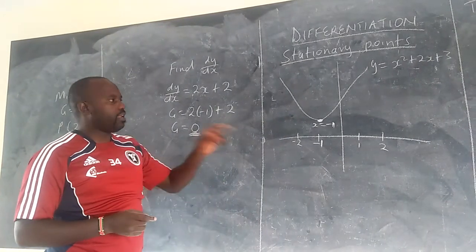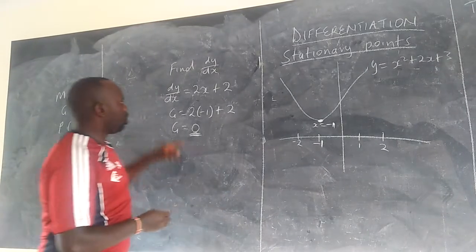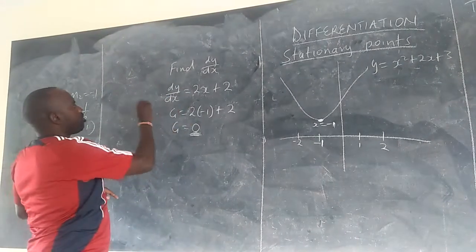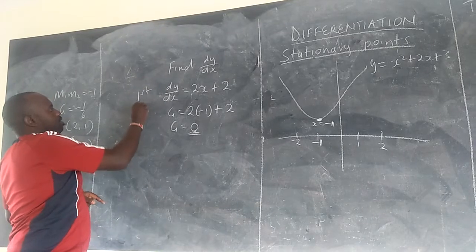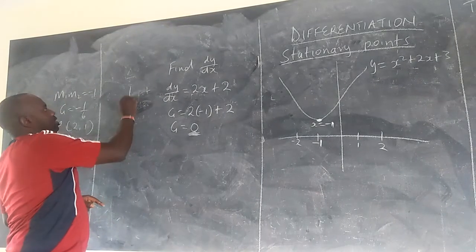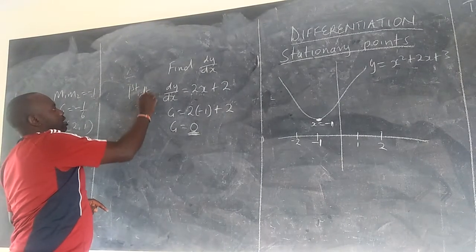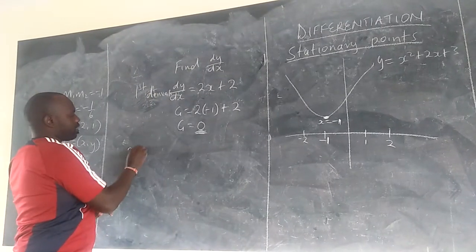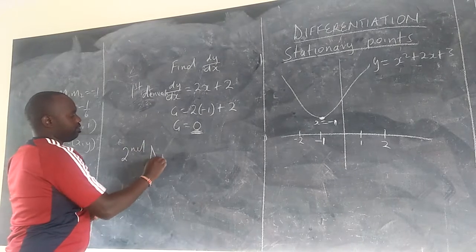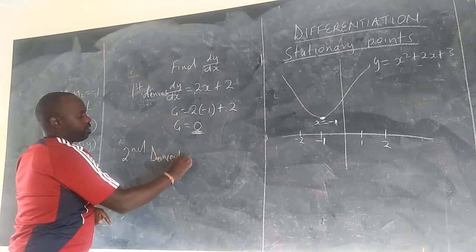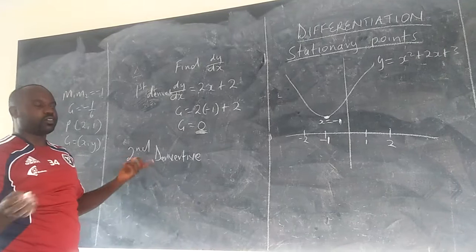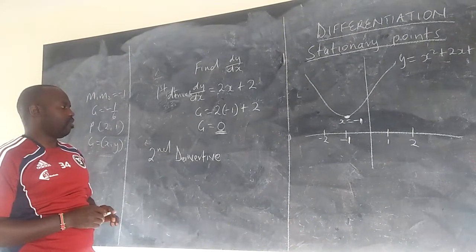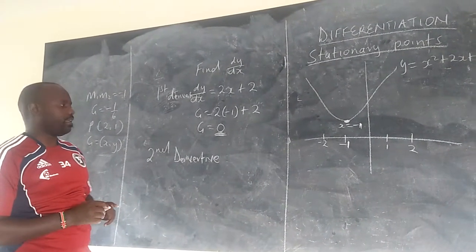of the turning point, you go to the second derivative. This is the first derivative. So you go to the second derivative. That one will be the test for the nature of the turning point.